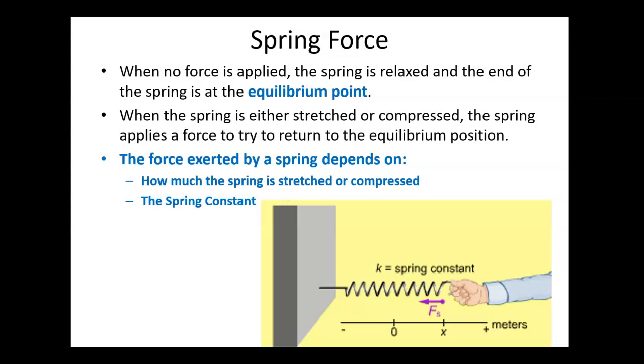When the spring is either stretched or compressed, the spring applies a force to try to get back to its equilibrium position. And the force that the spring exerts depends on how far the spring has been deformed, either stretched or compressed, and also something called the spring constant, which has to do with how the spring is made.